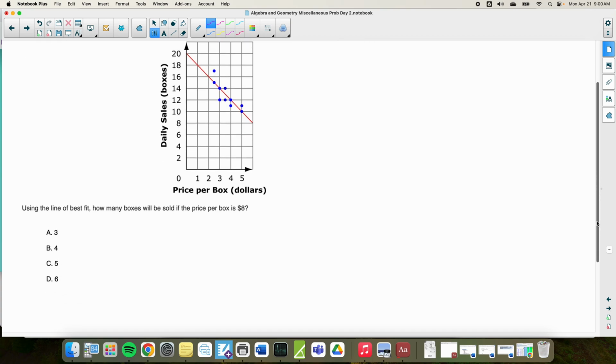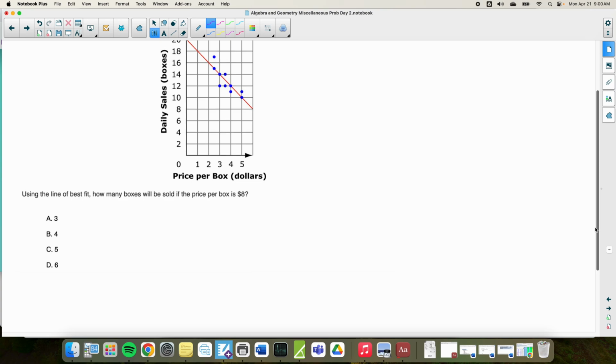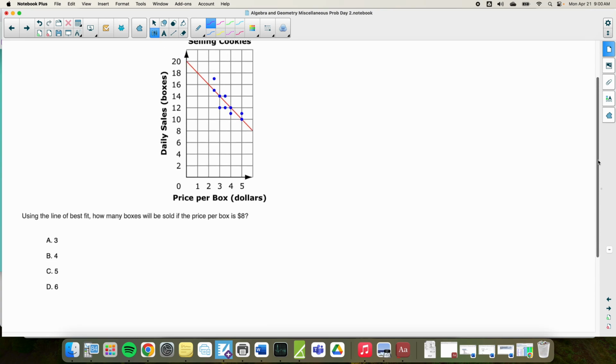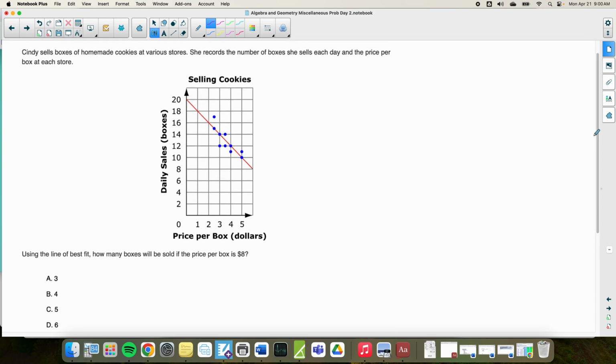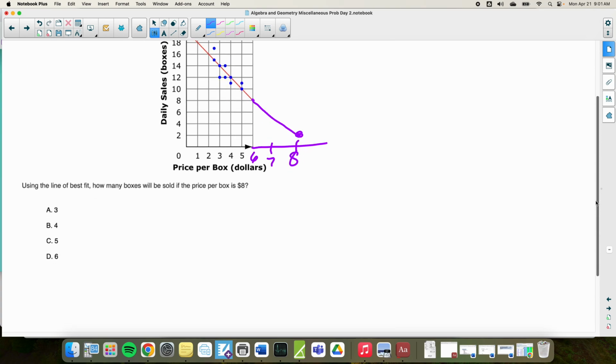Using the line of best fit, how many boxes will be sold if the price per box is $8? So if you had to, this would be 6, 7, 8, you could kind of estimate. Okay, it's gonna go down 1, down another one, down another one. You could kind of estimate. Where do you think that would be?